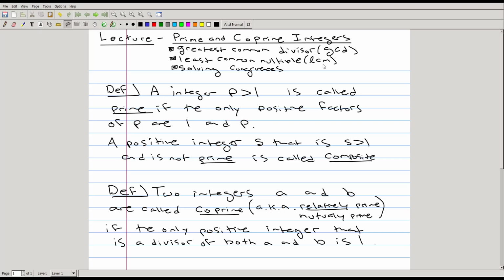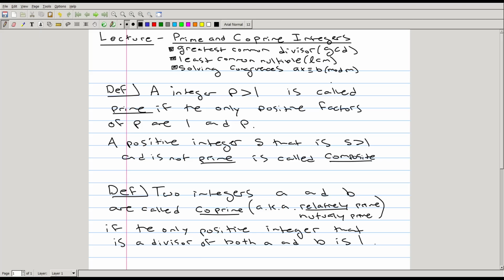Specifically, these are equations of the form AX is congruent to B mod M. This looks similar to an equality, but this is saying that AX is congruent to B mod M. But it turns out that under certain circumstances, specifically when A and M are coprime, or we'll see today the greatest common divisor of A and M is 1, we can actually solve this equation for X.